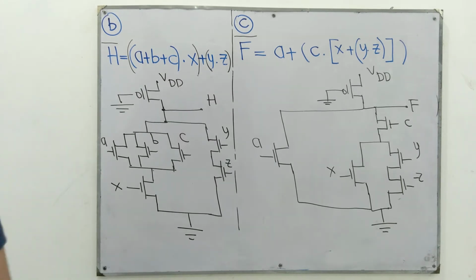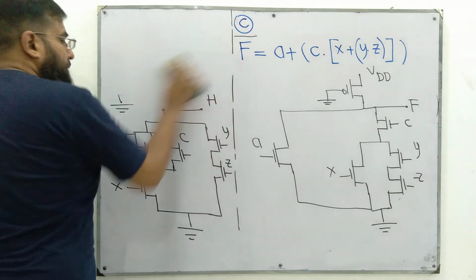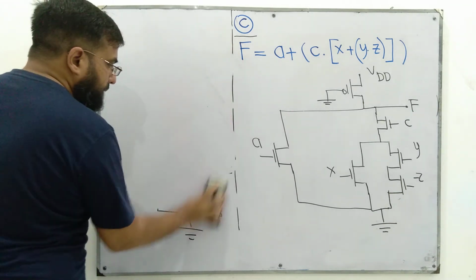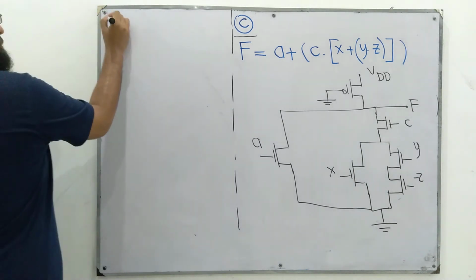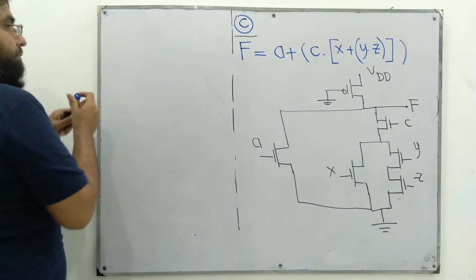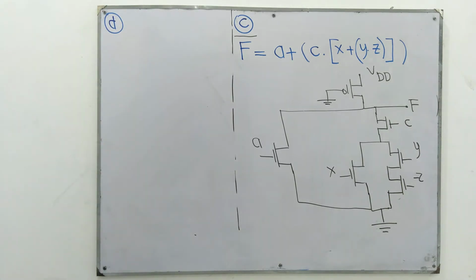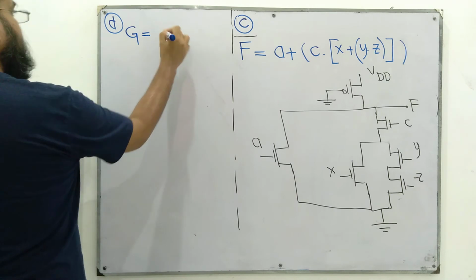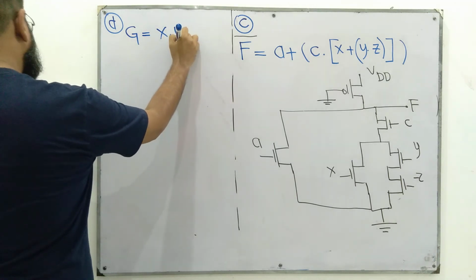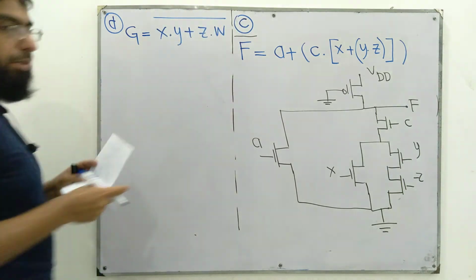Let's go ahead to solve the last part of this example, part D. G is equal to X dot Y plus Z dot W without any parenthesis.